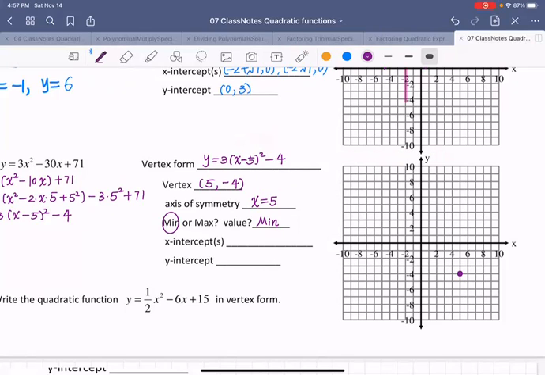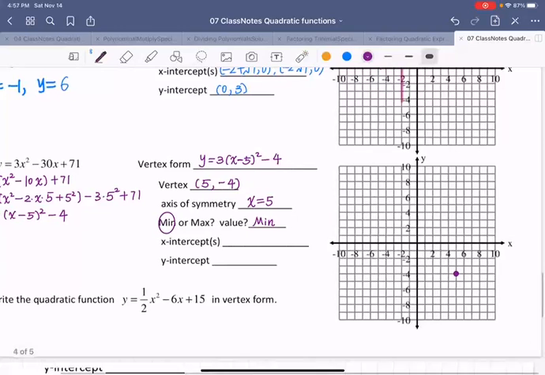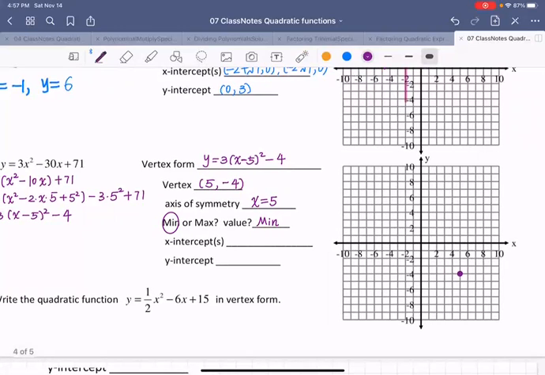And let's draw x equals 6. Let's go ahead and calculate. When x equals 6, y equals 3 minus 4, which is negative 1. So that's 6, negative 1.